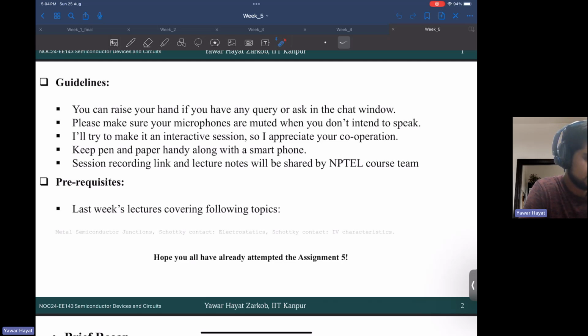Please ensure that the microphones are muted when you don't intend to speak, although there is no one in the meeting right now. I wish someone would have joined this meeting because this won't be an interactive session otherwise, right? This would just end up being a recorded session.